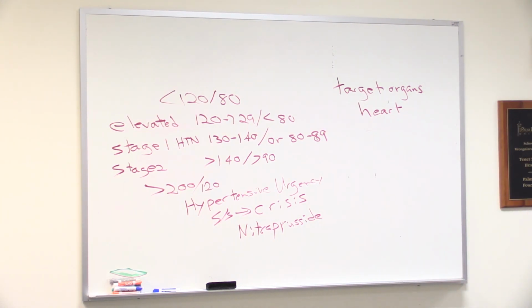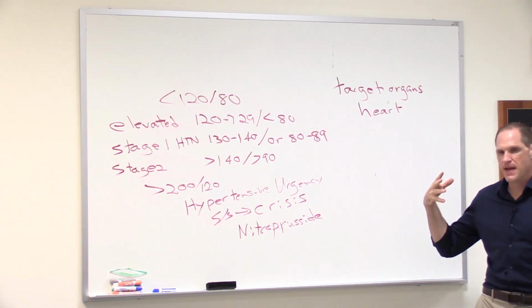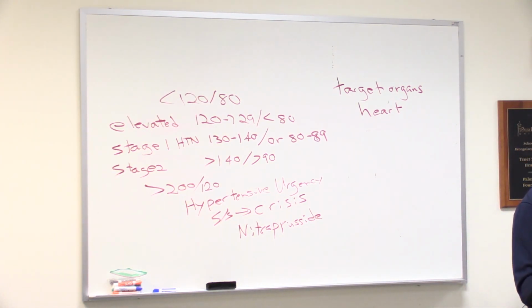Work it out. How would you work it out? Lifting weights. What kind of weights? Big weights for high reps, right? So, when you make the heart pump against resistance, what happens to the heart muscle? It gets bigger and thicker.